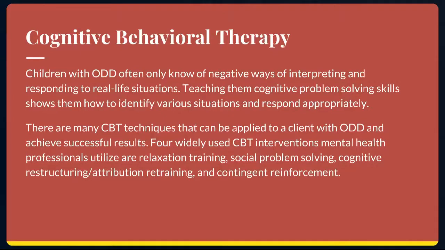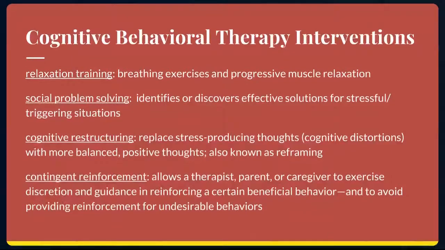Four widely used CBT interventions that mental health professionals utilize are relaxation training, problem solving, cognitive restructuring, and contingent reinforcement. Relaxation training focuses on breathing exercises and progressive muscle relaxation.